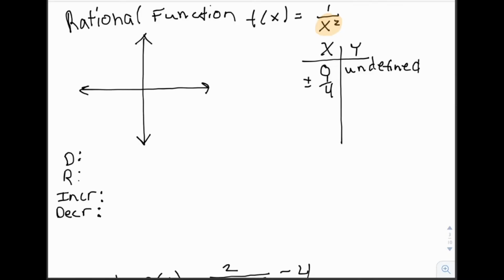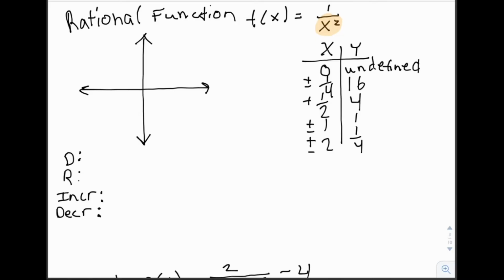So a positive or negative 1/4 gives us a positive 16. A plus or minus 1/2 should give us a 4. And then finally, a plus or minus 1 and a plus or minus 2 should give us a 1 and a 1/4. So let's graph this and figure out what it looks like.